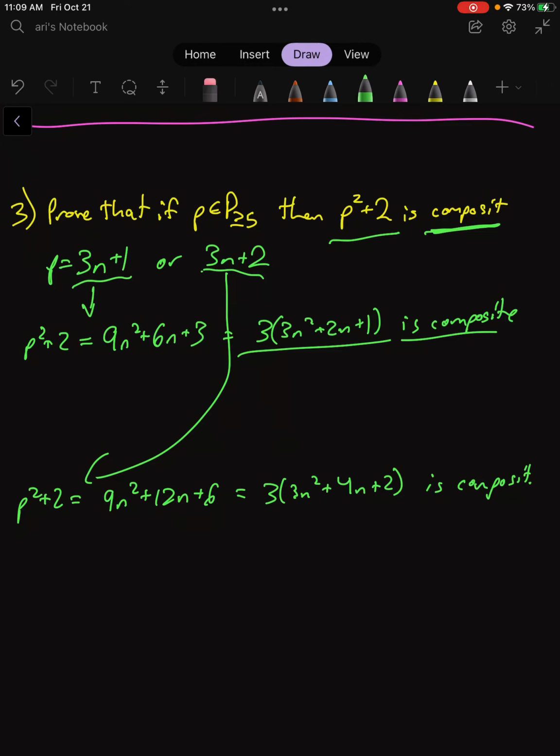But the fact is we're able to factor out a number, and that's what shows that it's composite, and that is enough to prove this result. And you could see in Professor Carbone's answer, she uses the forms 6n plus 1 and 6n plus 5, which also work, as you could factor out a 3 from both of those as well.